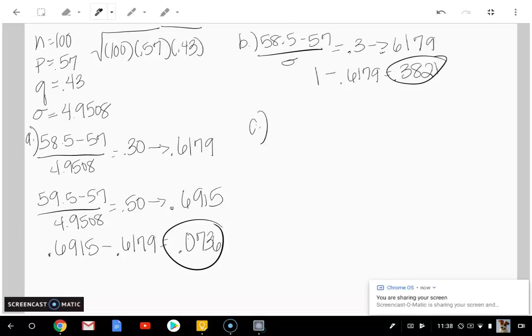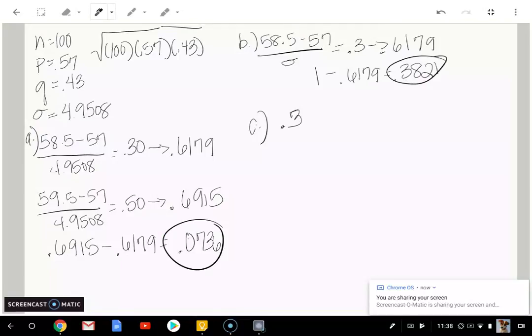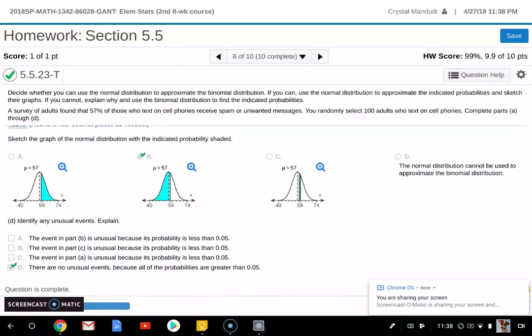So we can just skip that and know that it's 0.3, and then that's 0.6179. So we don't really have to do it again. We don't really need to do an equation. It's 0.6179. That's your answer. Then we have our last question, which says identify any unusual events.